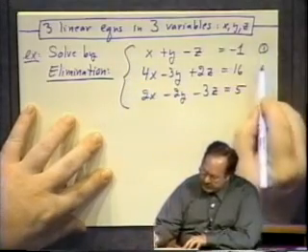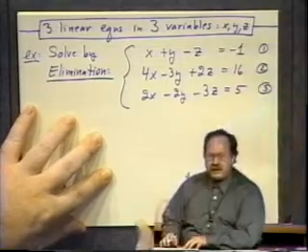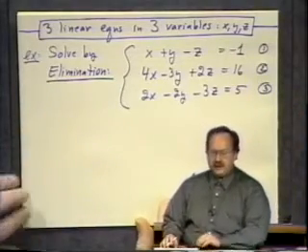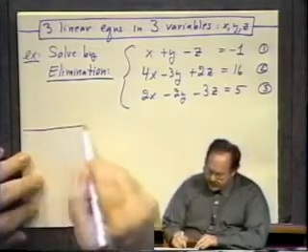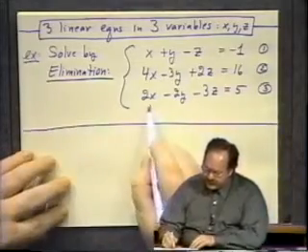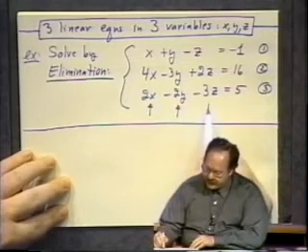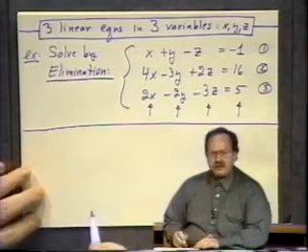So I have equations 1, 2, and 3: 3 equations in 3 variables, and note that everything is neatly organized. My x's are lined up, my y's, my z's, and my constants.